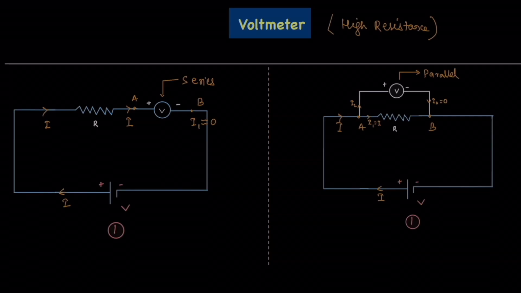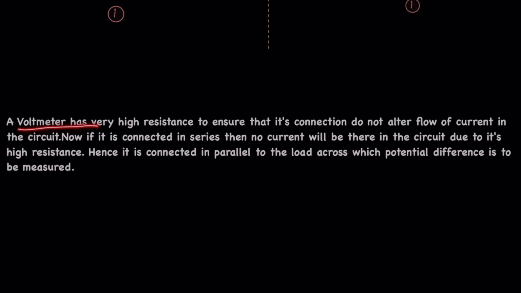So we can write the statement: voltmeter has very high resistance, so its connection does not alter the flow of current in the circuit. If it is connected in series, then no current will be there in the circuit due to its high resistance. Hence, it is connected in parallel to the load across which the potential difference is to be measured.